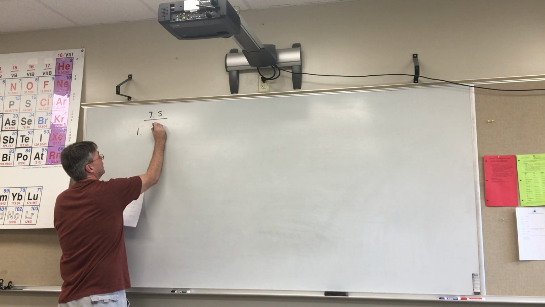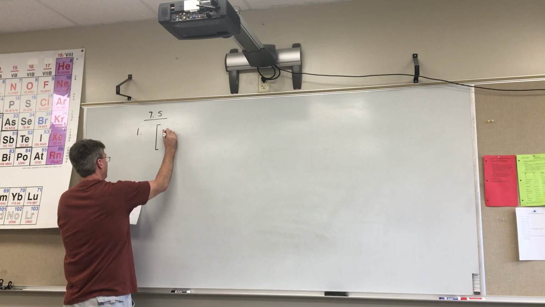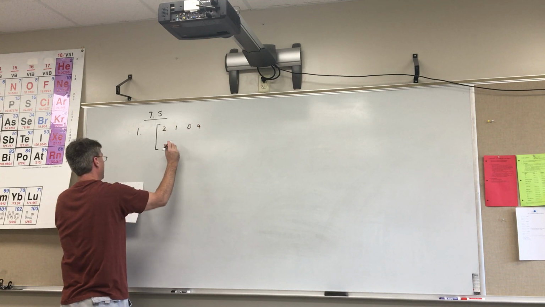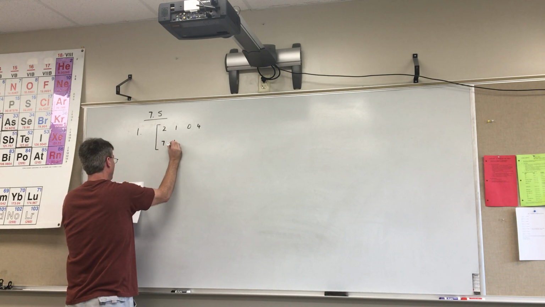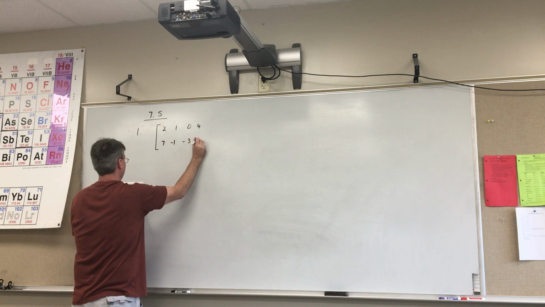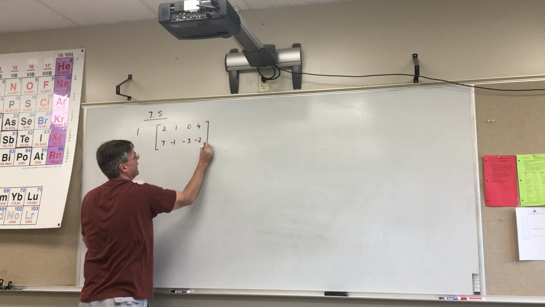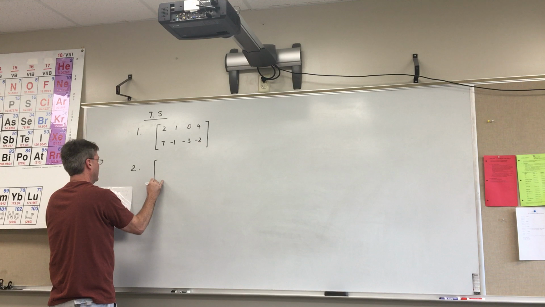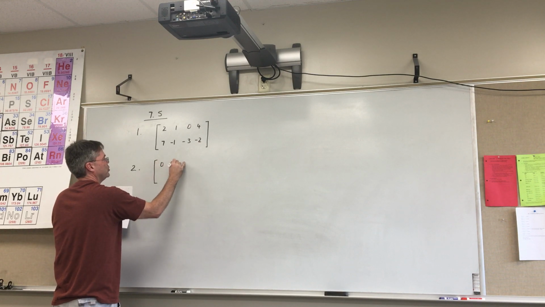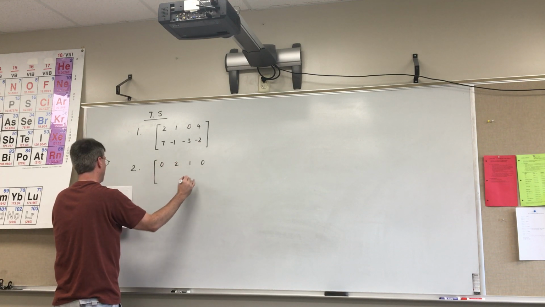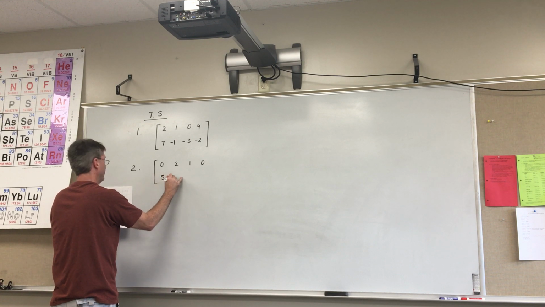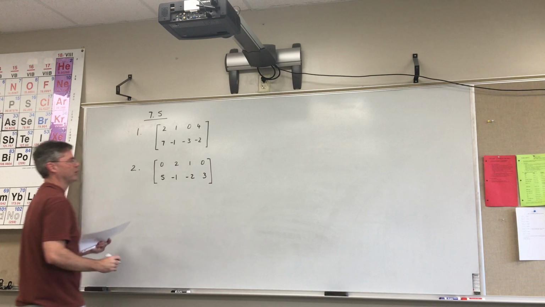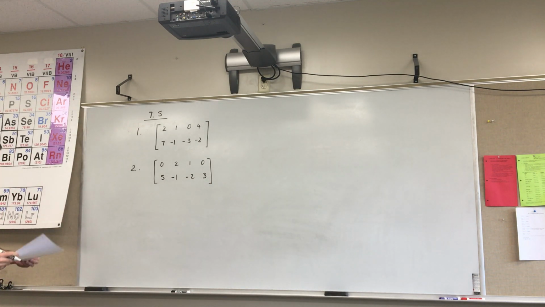Number 1, we'll have 2, 1, 0, 4, 7, -1, -3, -2. Number 2, we have 0, 2, 1, 0, 5, -1, -2, 3. You should definitely do these on your own before you look at the solutions.